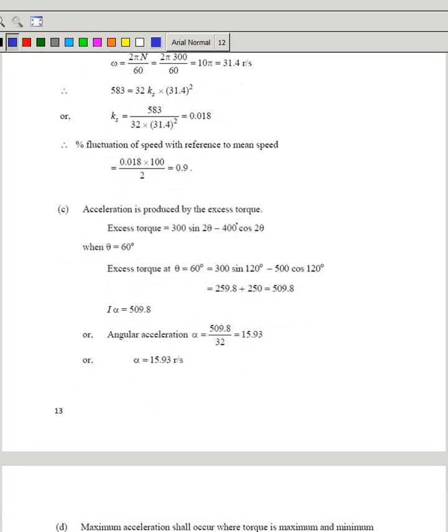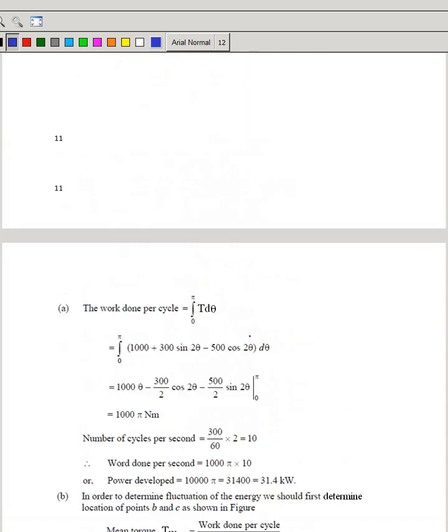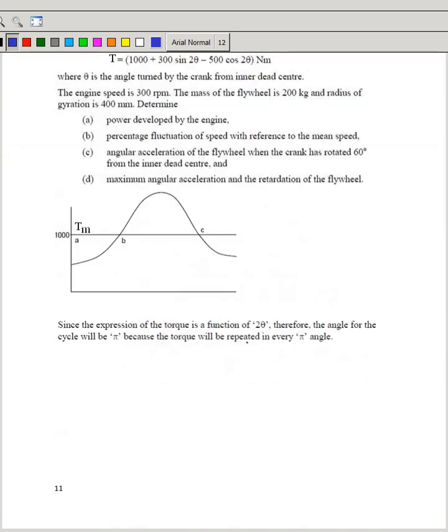Acceleration produced by the excess torque. The excess torque is T minus Tm. So this is the excess torque, 300 sin 2 theta minus 500 cos 2 theta.